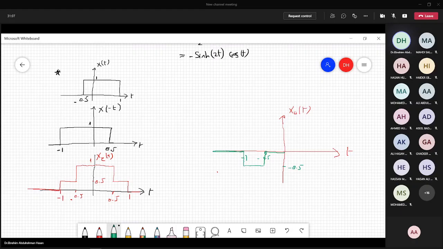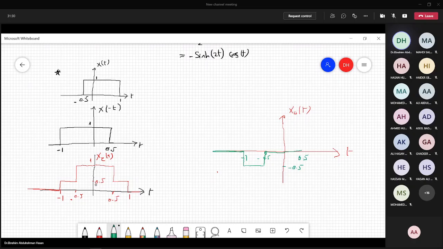Similarly, you can continue like this. Since this is odd, whatever we have on the right-hand side, we have on the left-hand side, but opposite. So here, this is 1, this is 1, so it becomes 0 again, until 0.5.